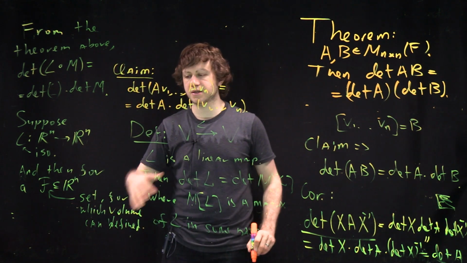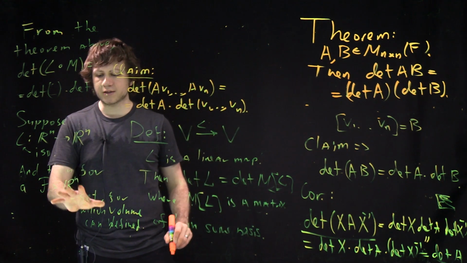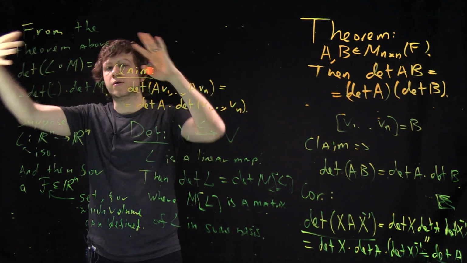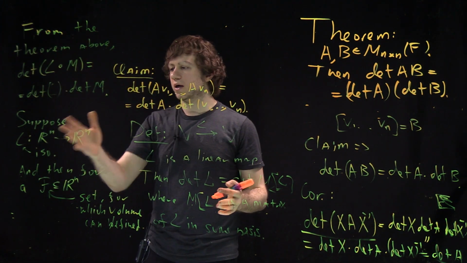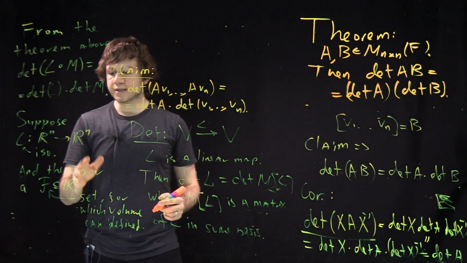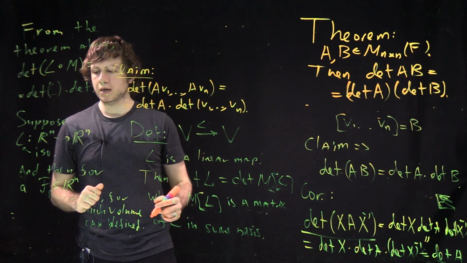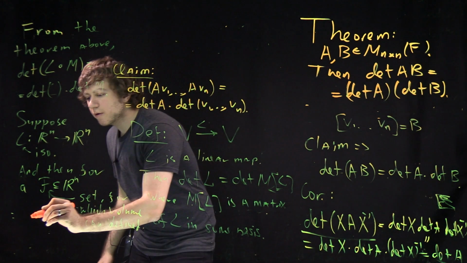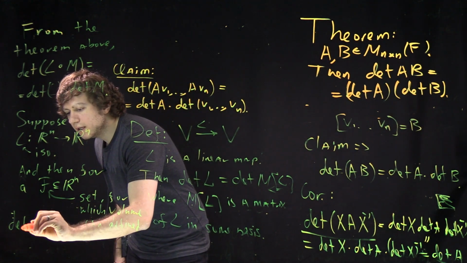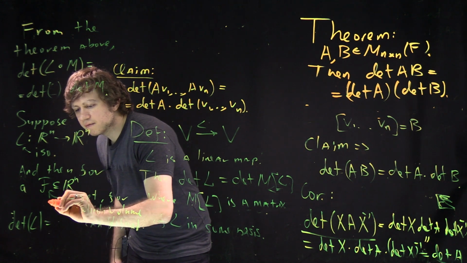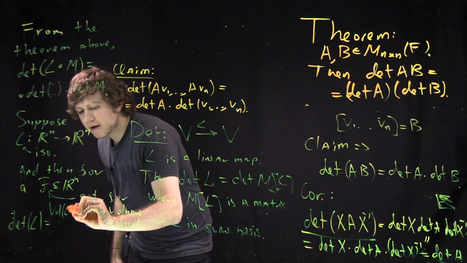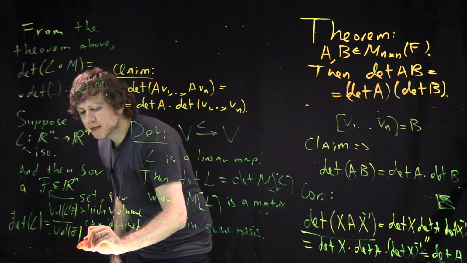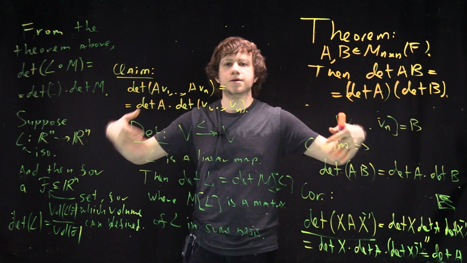Not all subsets have volumes, so there is a complicated theory about that, but you can think of some polytope or some ball or some convex set, some reasonable shape in Rn, and in Rn there is a way to introduce volumes, a generalization of volume in R3. Then the determinant of L is nothing but the volume of L of F divided by the volume of F. So the determinant tells you how many times the volume changes.